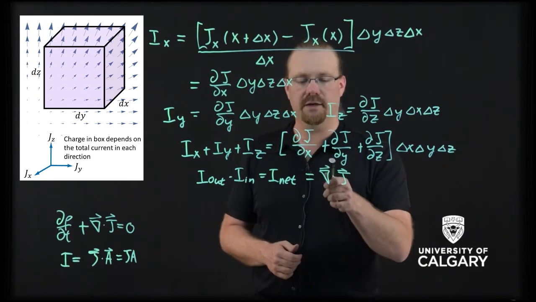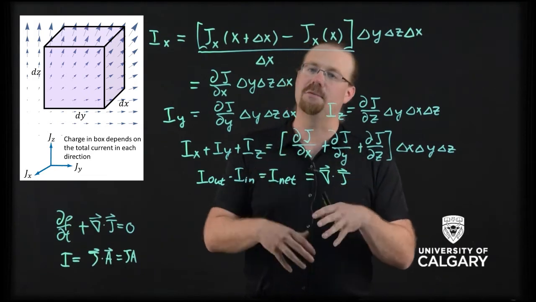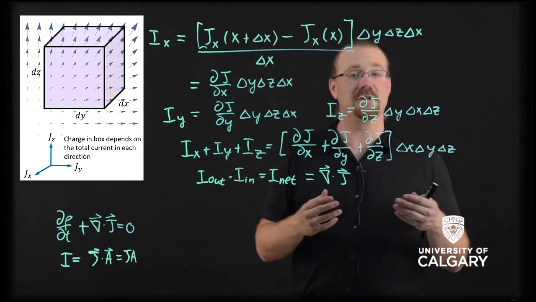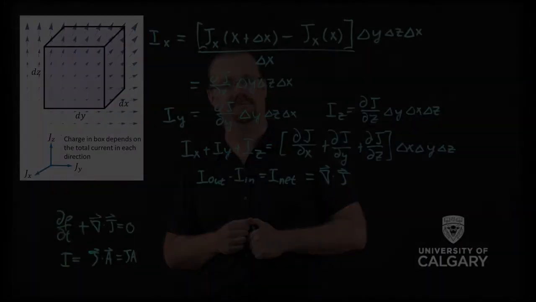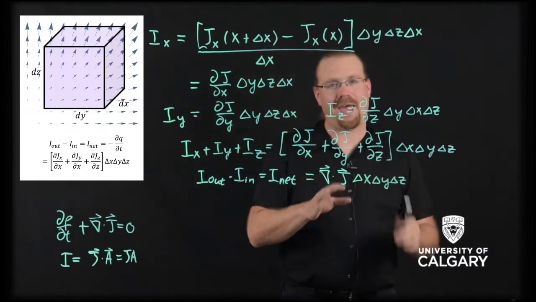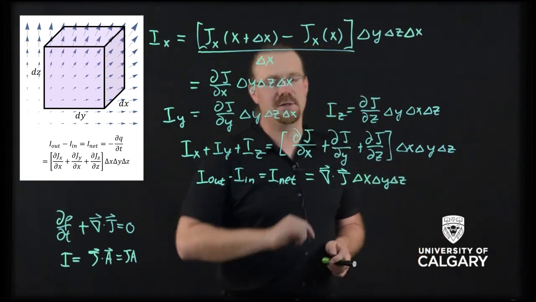This is the first hint we have that this divergence is actually the mathematical operator that tells us how much stuff is flowing out, which is why it's called a divergence. It diverges out. So when we have the divergence of J times that volume element, this is equal to I net.